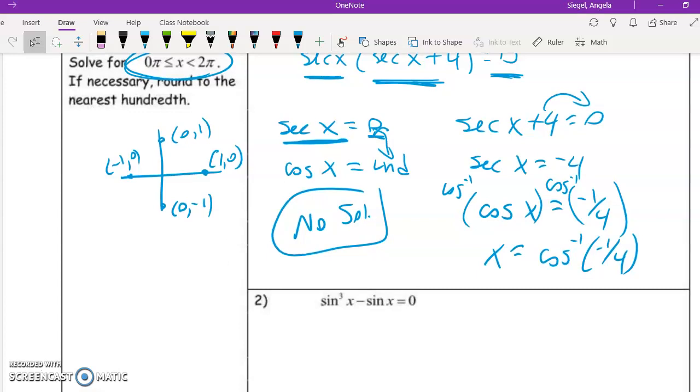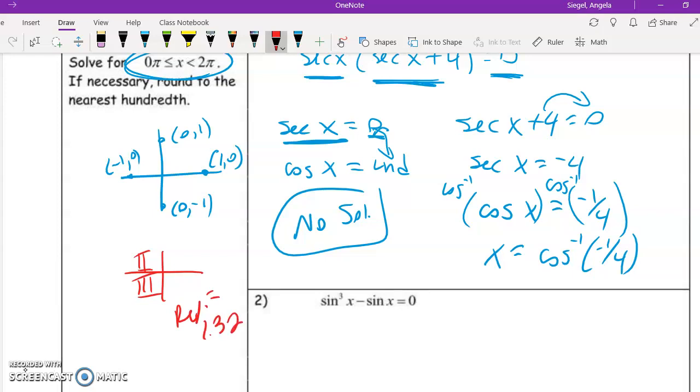So I'm going to go ahead and type this in, and notice that cosine is negative here in quadrant 2 and in quadrant 3. So let's go ahead and get the reference angle. So cosine inverse of positive 1/4 is about 1.32.